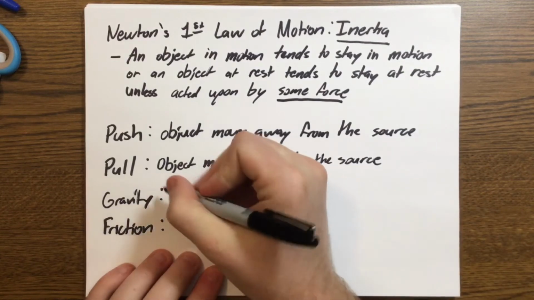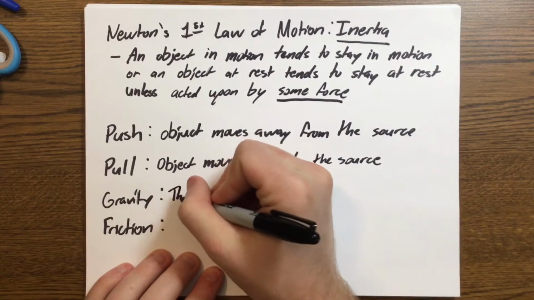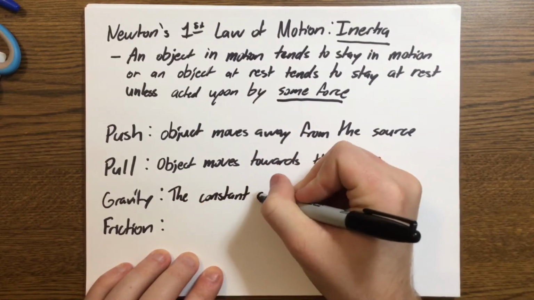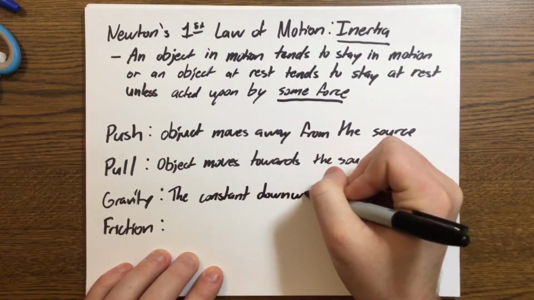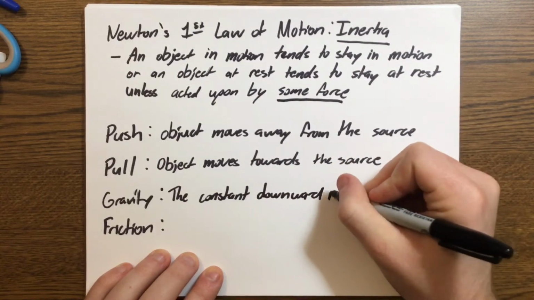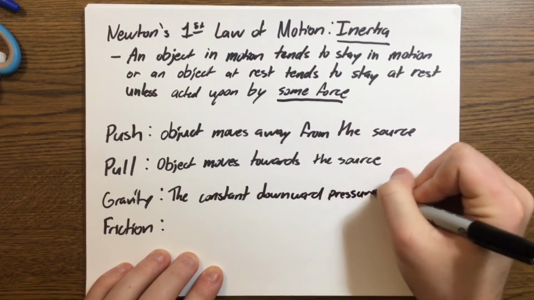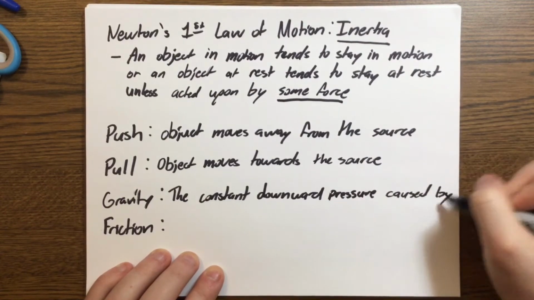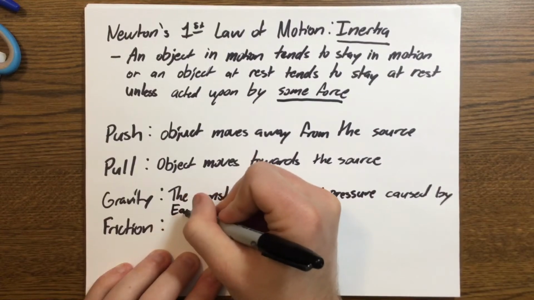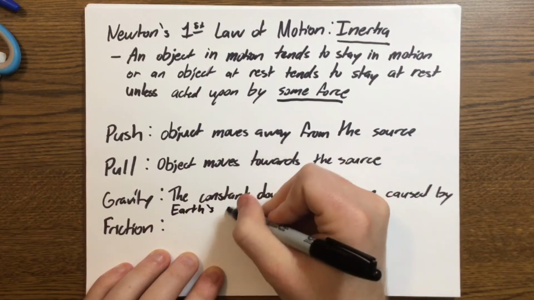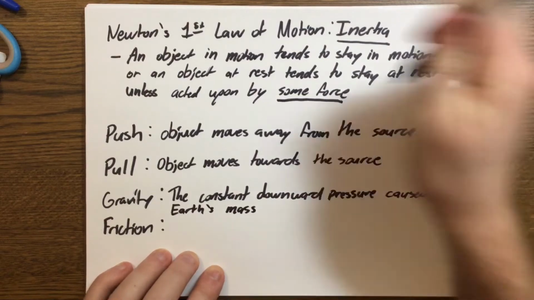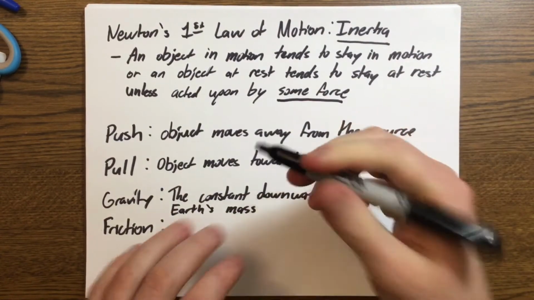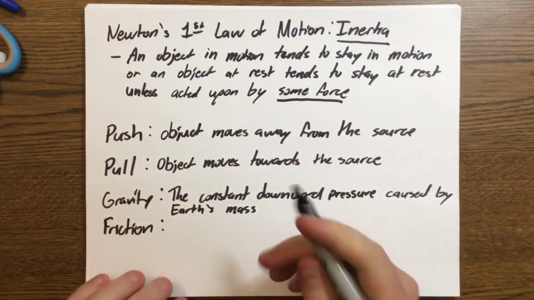Gravity is the constant downward pressure caused by Earth's mass. It's not caused by the rotation. It's caused by the mass of the Earth. It's so massive that it brings things in towards it.